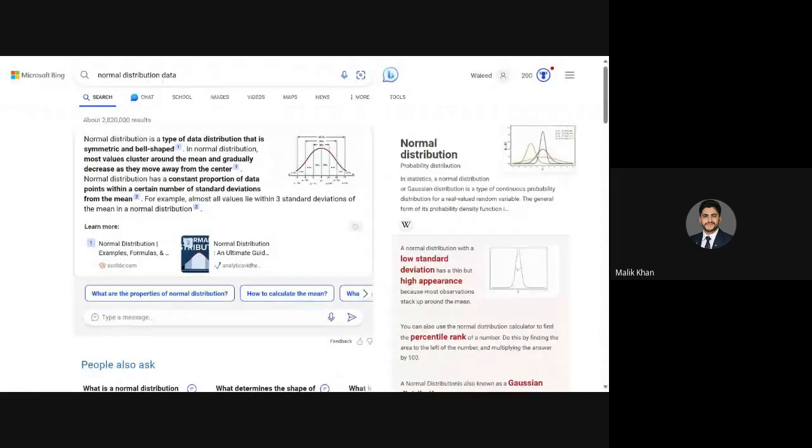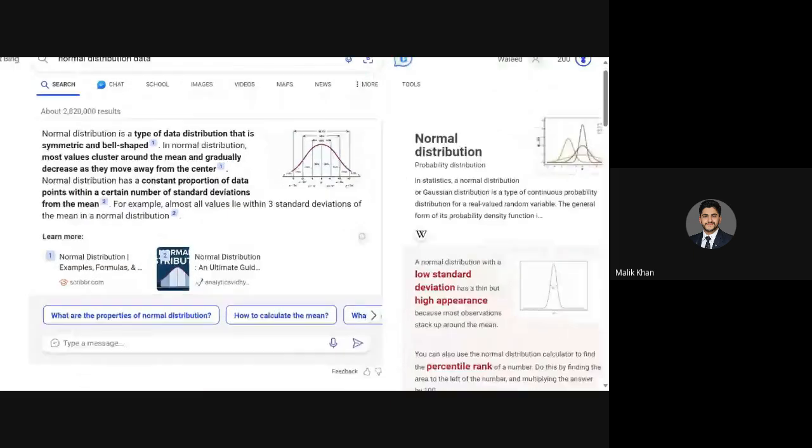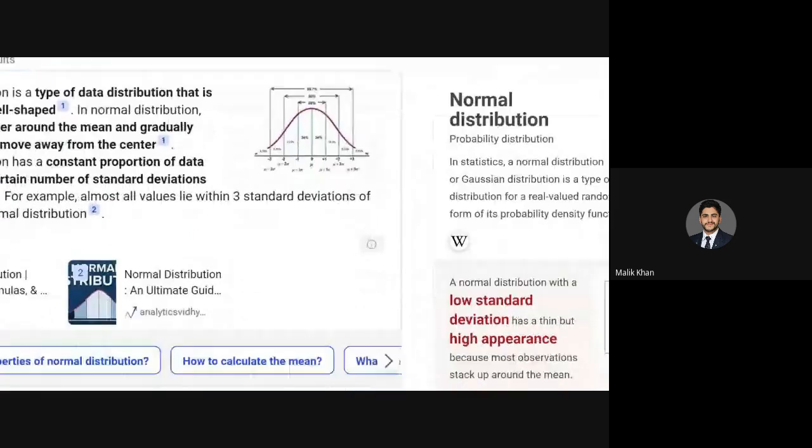So, all right. So we talked about measures of central tendency. This is something I want to show you now. Look at this. Okay, it will open in new tab.